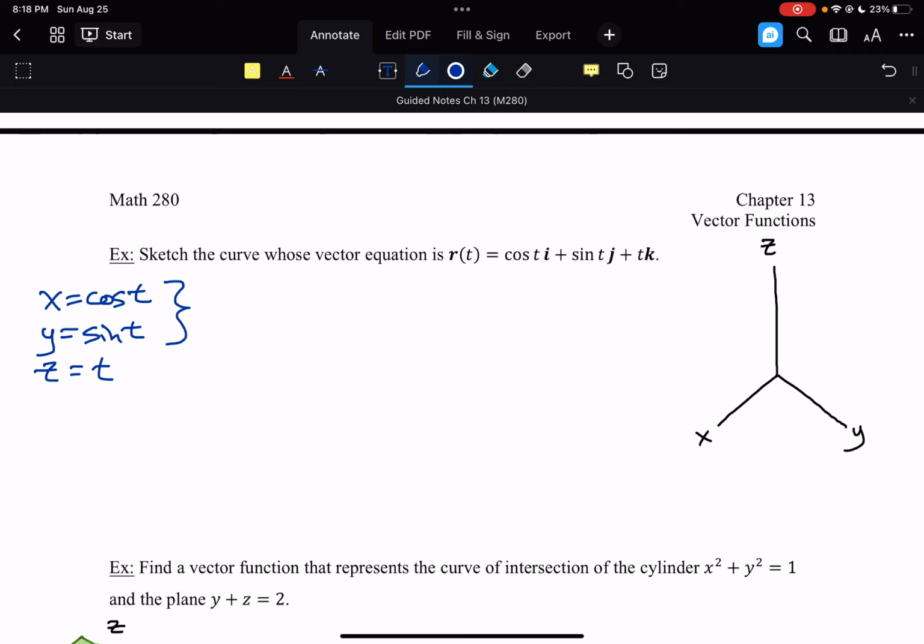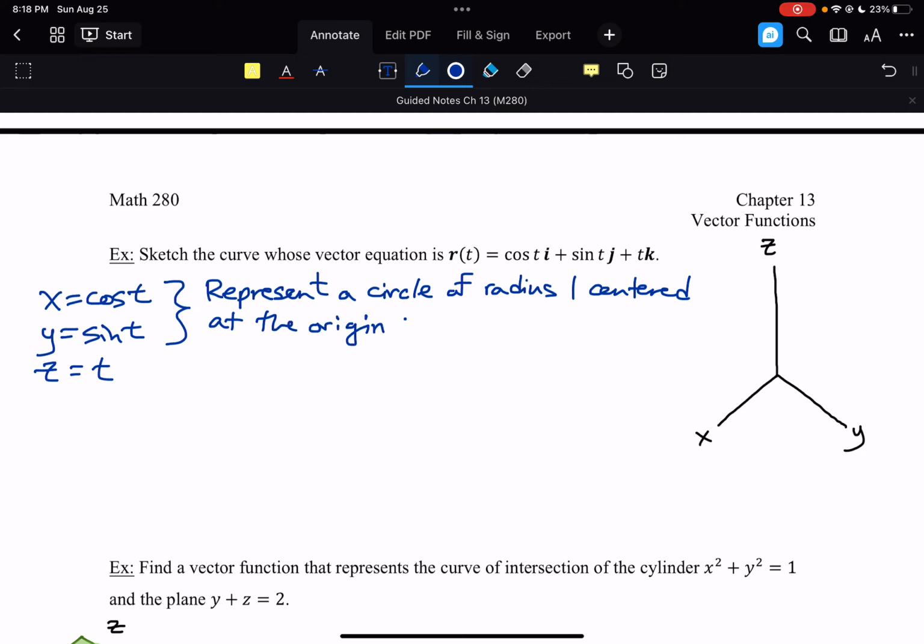This pair, x equals cosine of t and y equals sine of t, these parametric equations represent a circle of radius 1 centered at the origin.